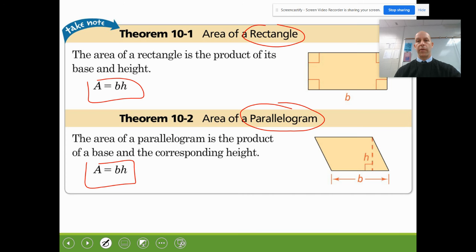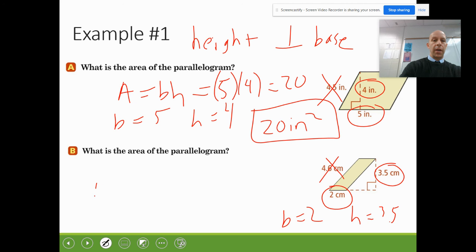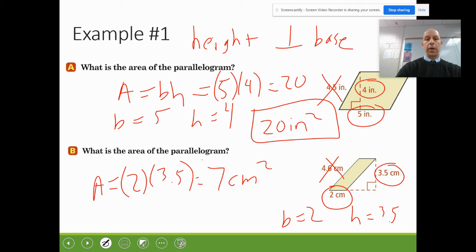If we go back and look at our formula in the previous slide, you will see that that is indeed the case. So the area here is going to be 2 times 3.5, which is 7, and it will be centimeters squared. So that's how much area that parallelogram will cover.